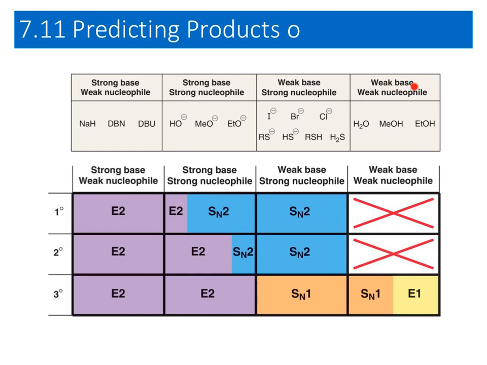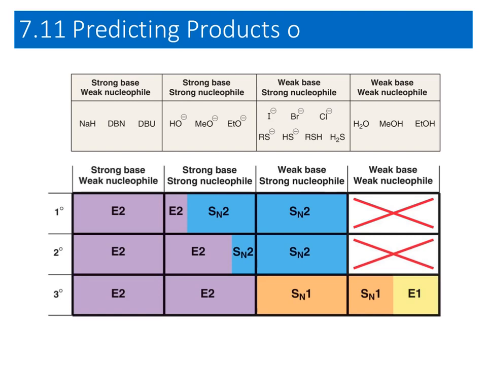Now, if you have weak base and weak nucleophile, such as water, methanol, and ethanol, with primary and secondary, no reaction will occur. And with tertiary, we are going to get the mixture of E1 and SN1 product.